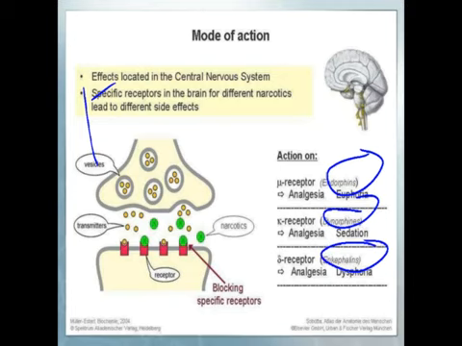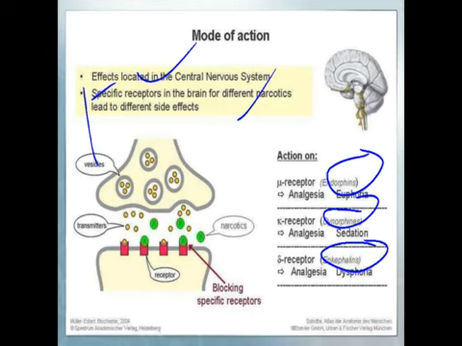Morphine is the external part, an agonist which is given in place of endorphin. Opioids have their effect located in the central nervous system. Specific receptors are present in the brain and show different narcotic activity, leading to different side effects.